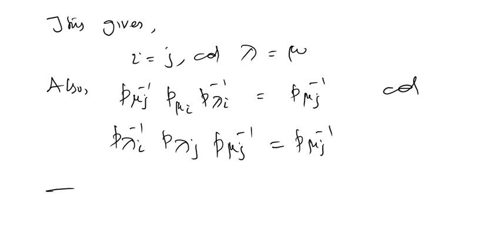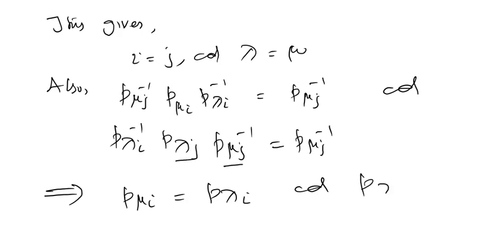This gives P mu I is equal to P lambda I, and here you can see that P lambda J is equal to P mu J. So actually you have to prove E equal to F. So therefore, what's E?